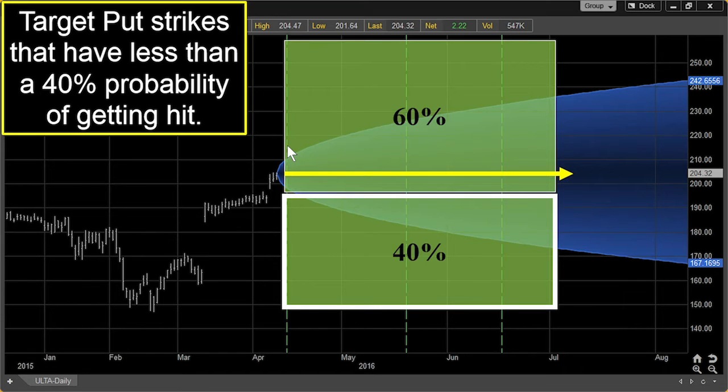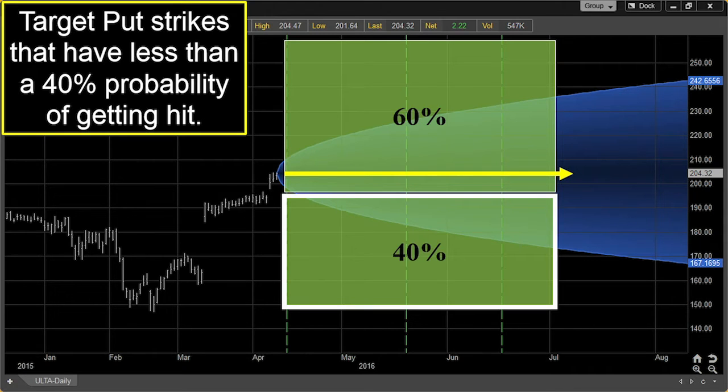Now, what we're going to do is target a probability of 40% or less. Now, what that means is this. If I sell an option that has a 40% chance of going what's called in the money, okay, that means that I have now established a trade that has a 60% probability of going in my favor.